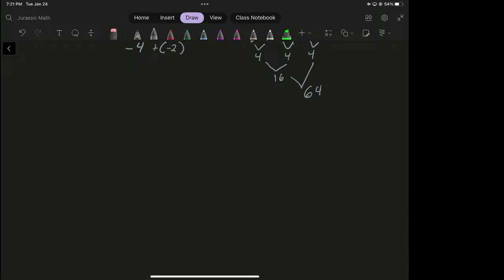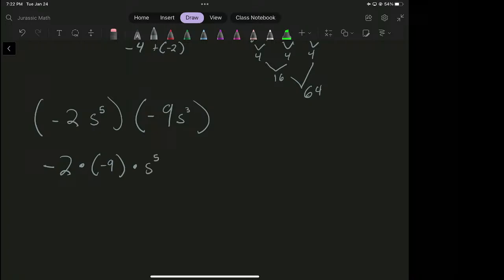Alright, so another one involving exponents. That's an S. I really don't like that. Some programs use S's. So when you have a multiplication problem like this, you can just rewrite everything in a different order for yourself. Because it's all multiplication.